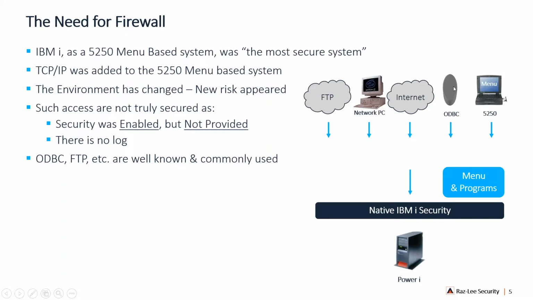Using ODBC, people or computers can access the data items in the database of the IBM I. FTP provides another risk. It enables the user to take a full file and bring it to the PC, or upload or download a file into the IBM I.